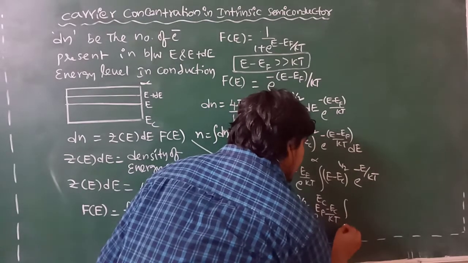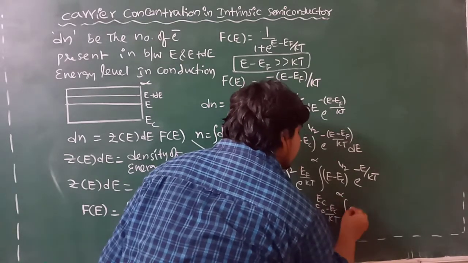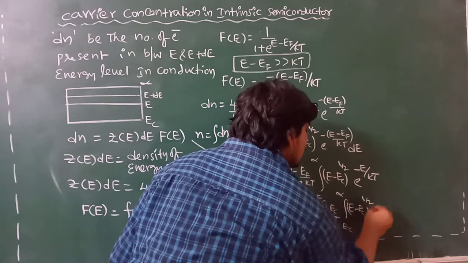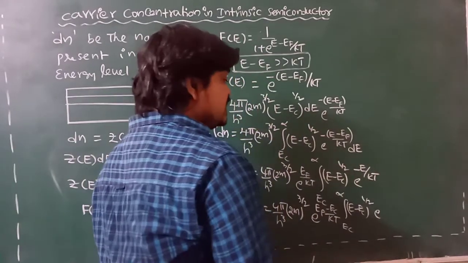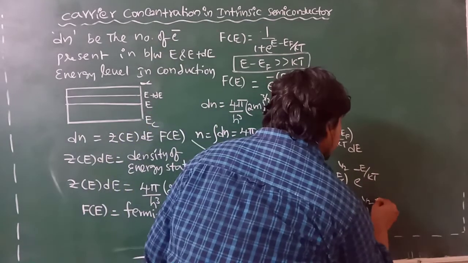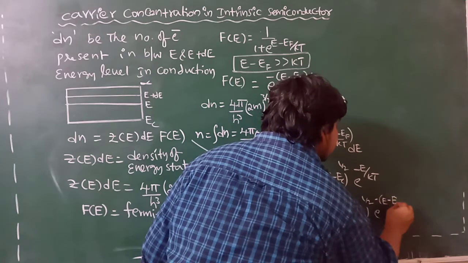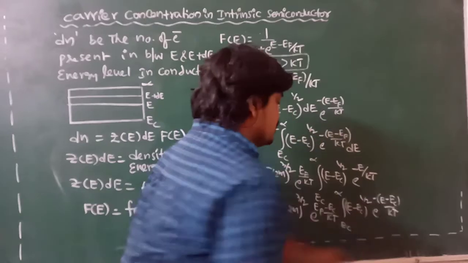Now the equation becomes the integral from Ec to infinity of (E minus Ec) whole power 1 by 2 e power of minus (E minus Ec) by kT.